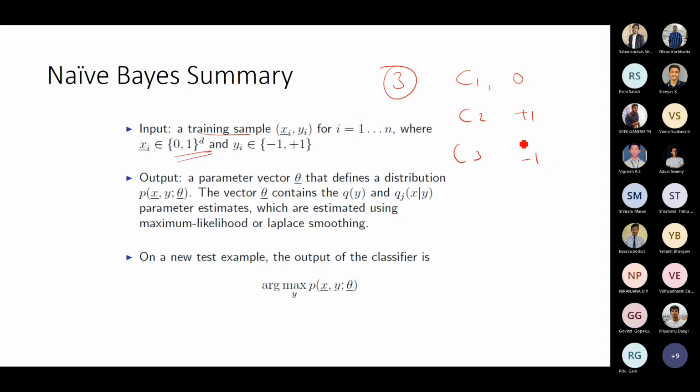Rather than simply a yes or no here, you can say yes, no, maybe. So if you have 3 classes, you have to compute 3 probabilities. The output will basically be a parameter vector theta, which defines the distribution, and the vector theta contains q of y and qj of x comma y parameter estimates, and that is typically estimated using Laplace smoothing.